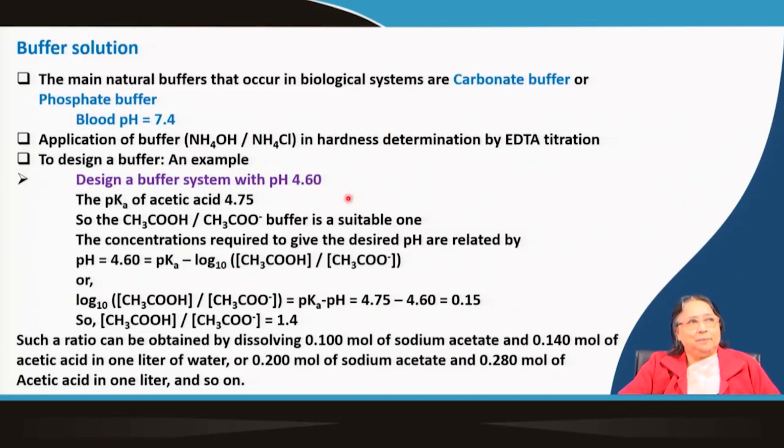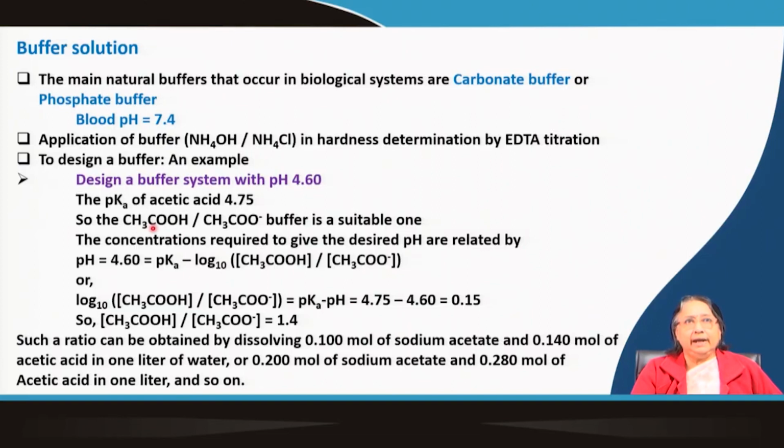Now, there are so many buffers, we can choose different acids, different bases, different salts also. How can we decide which one we will use for our purpose? If we are to design a buffer of pH 4.6, first we have to see which acid we will take, because it is an acidic buffer, as we have seen, below pH 7.